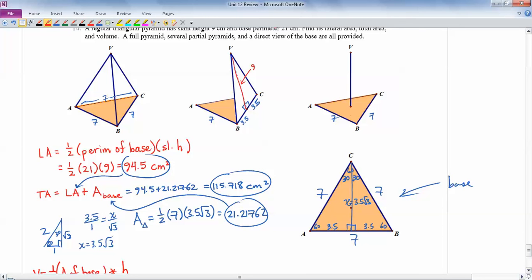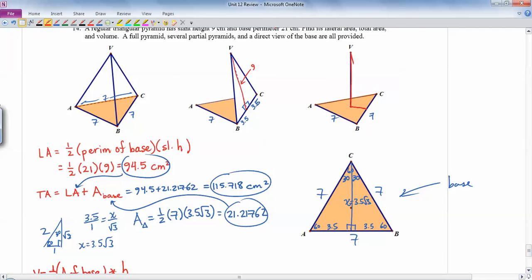How do we want to do this? Why don't we try to find this length right here? If we could figure out that length, then we could get the height of the triangle.